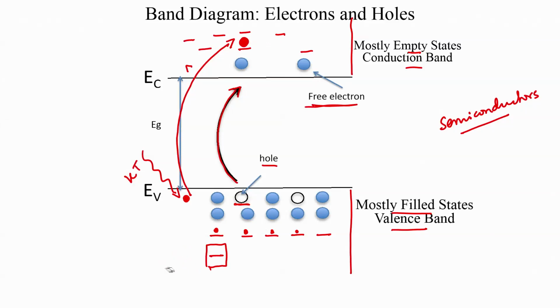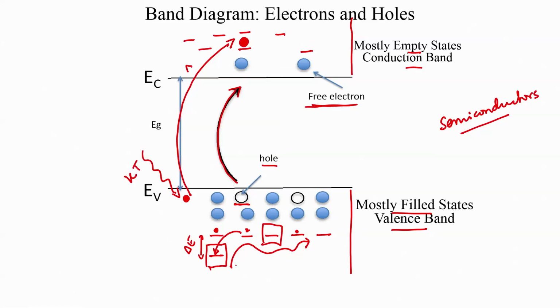Now, since these energy levels are all very fine, very small, it is possible for the electrons in the valence band to jump into these vacancies and therefore create a new vacancy. So let us say that these electrons were to jump into these vacancies, and therefore this vacancy which is located here would appear to move through the states in the valence band because of electrons occupying it.